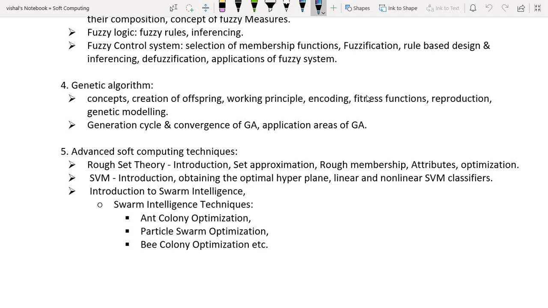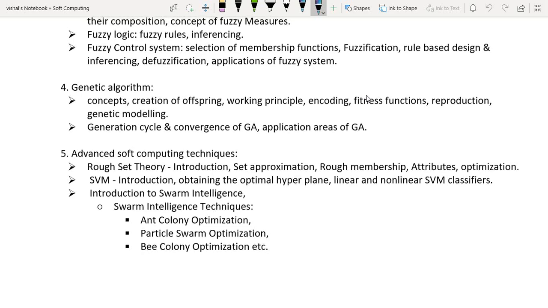The second important topic of this unit is SVM, support vector machine, that will again see the introduction of SVM, obtaining the optimal hyperplane, linear and non-linear SVM classifiers, and the last but not the least, the topic is swarm intelligence. This is a very new concept, exactly not new, but for us it's new. Swarm intelligence techniques are also unique, that is ant colony optimization, bee colony optimization, and particle swarm optimization.